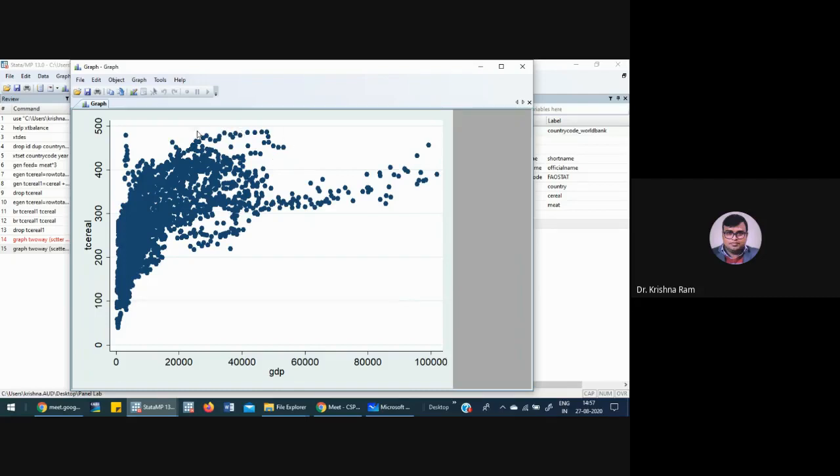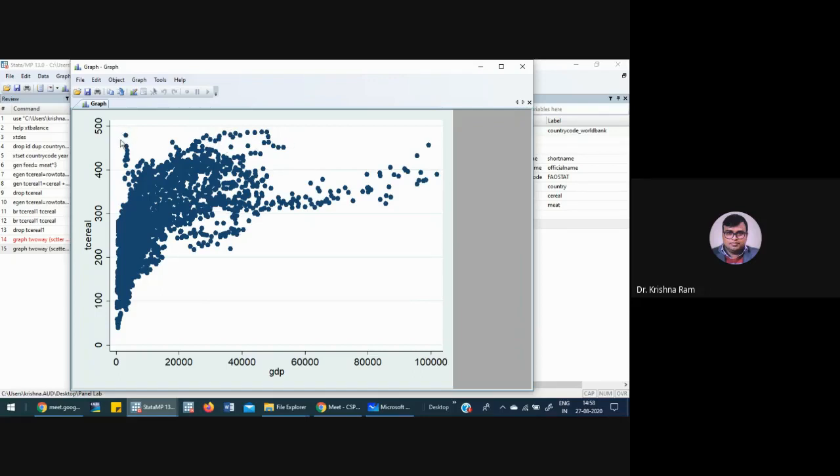Look, this one I am talking about. I am moving the cursor there. So these are the countries having an average income, at least according to this graph, income between 20,000 to 14,000. This one I am talking about. Income around 40,000, but consuming around 500 kg total cereals per person per annum.